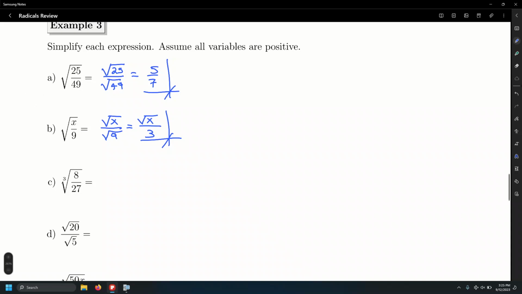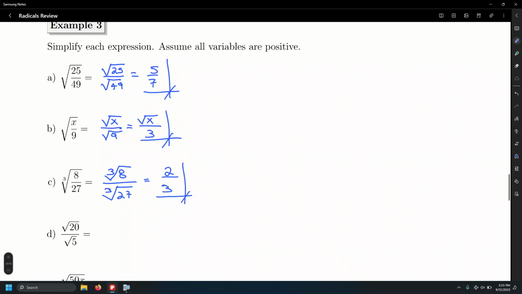All right? Same thing if we have a different index. The cube root of the numerator 8 divided by the cube root of 27, which is the denominator. In this case, we have a couple of nice numbers: the cube root of 8 is a nice number equal to 2, and the cube root of 27 equals 3.